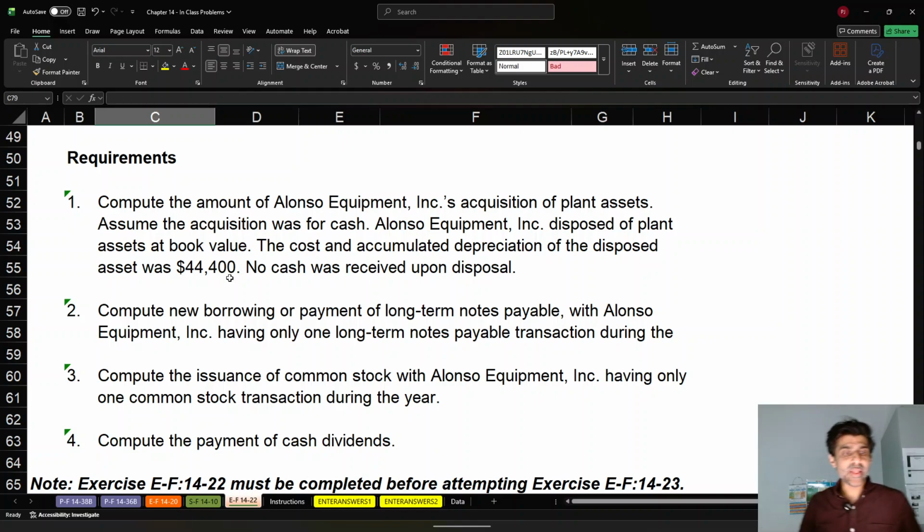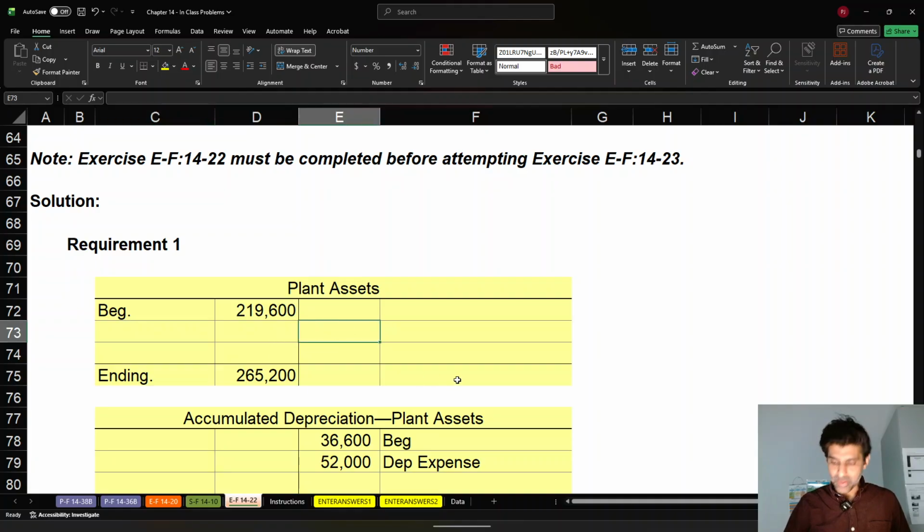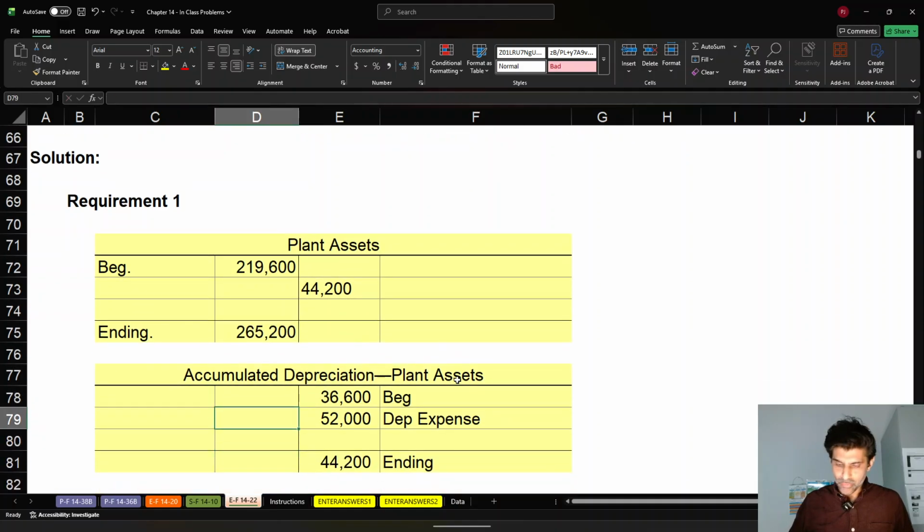So it's telling us that we basically disposed of it for zero, so there's no cash related to this. We do know though that we're getting rid of $44,200 of assets and also 44,400, right? So let's just make sure that this works.